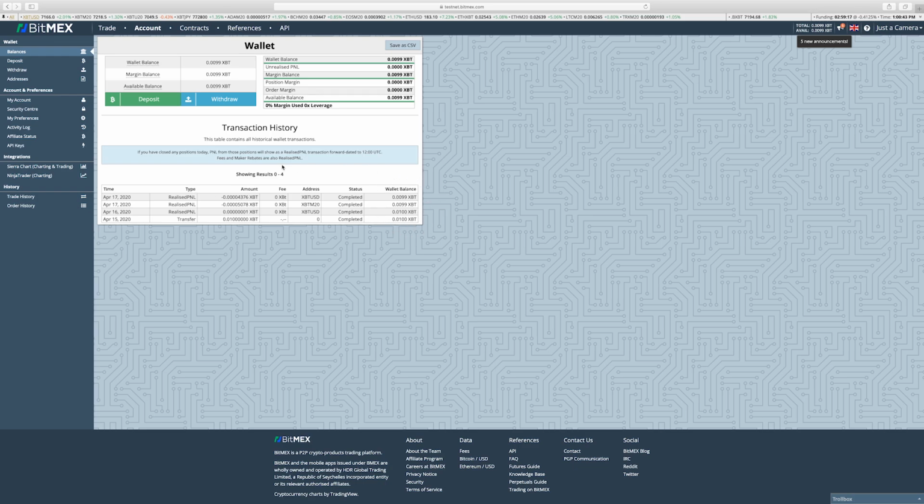So I want to leave it here now that we've understood how the account tab works, how we put money onto the exchange, how we take money off of the exchange, and how our balance is reflected from either a deposit, a withdrawal, or any sort of realized P&L, whether that be closing out trades. Right here we can see our balance.